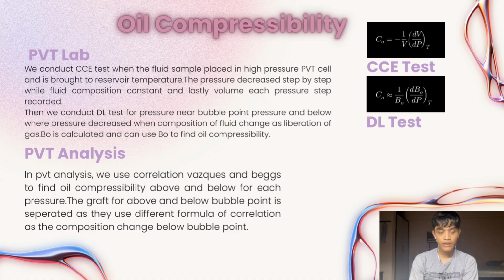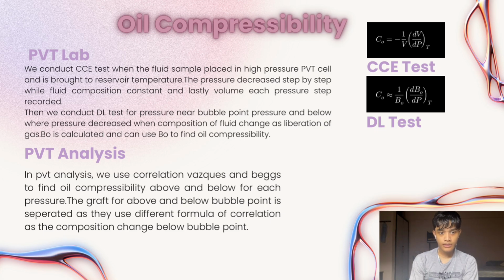Then we conduct a differential liberation test for pressures near the bubble point and below it, because the composition of the fluid changes as gas is liberated. From this we get the formation volume factor, and from the formation volume factor we can use the given formula to calculate the oil compressibility.